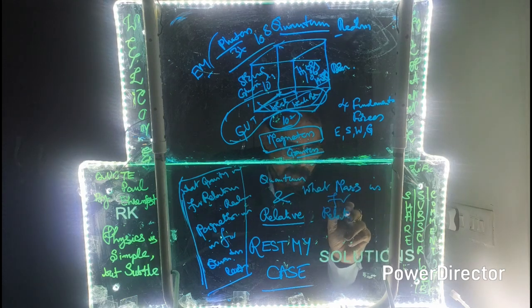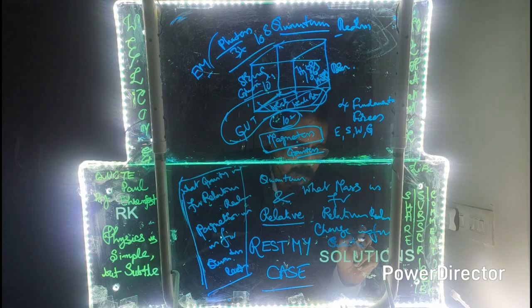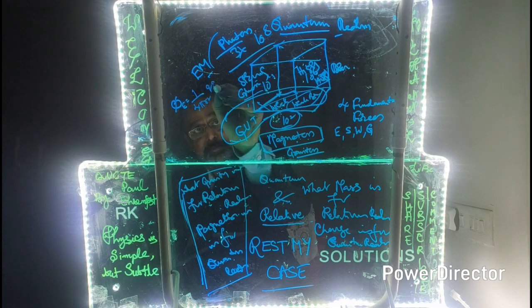Right? Charge is for quantum. That is the reason why you have electrical flux equal to 1 by 4 pi, Q1 Q2 by R squared and epsilon.